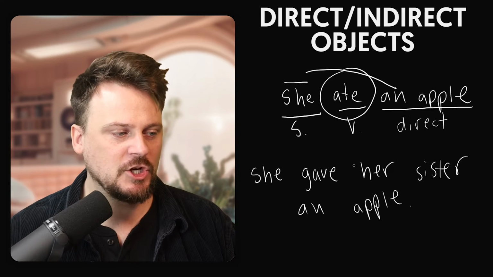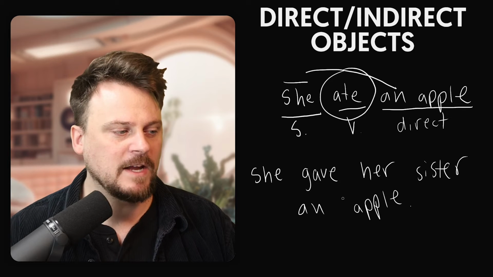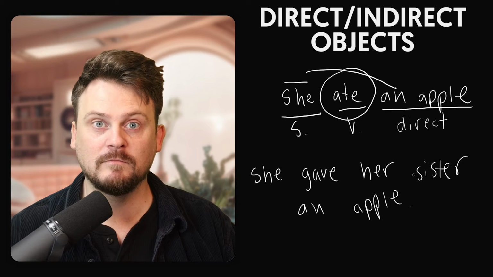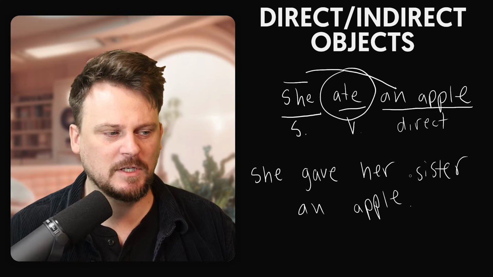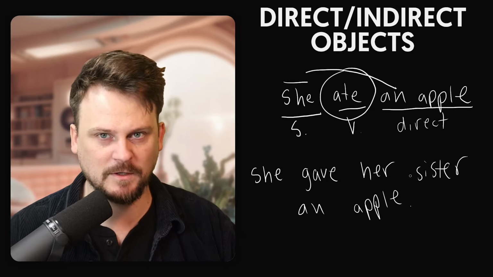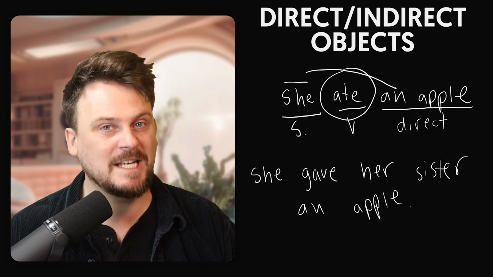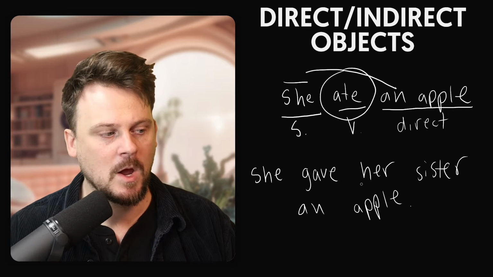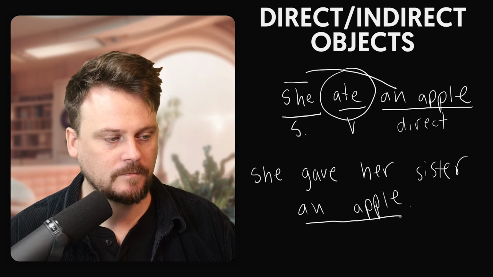But often for ate, it's going to be a specific connection between these two things, connecting them with ate. In this case, she gave her sister an apple. Well, if I just say she gave her sister, that doesn't really make sense unless somehow she's able to actually use her sister as a thing to give others. But what it means here is her sister received the apple. What did her sister receive? An apple.